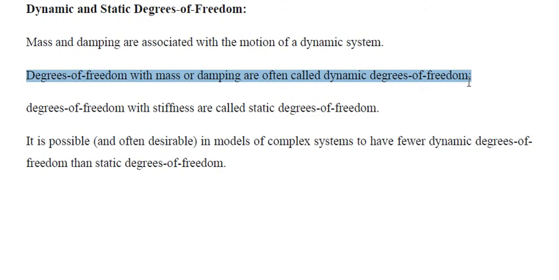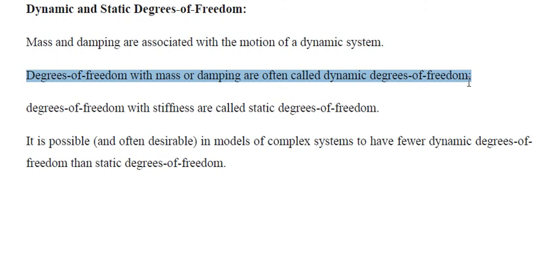If I have to define the degrees of freedom in the static case, it is the number of independent coordinates required to specify the position of a system. Whereas in dynamic analysis, I can define degrees of freedom as the number of independent coordinates required to specify the motion of a system, not the position. That is the difference.